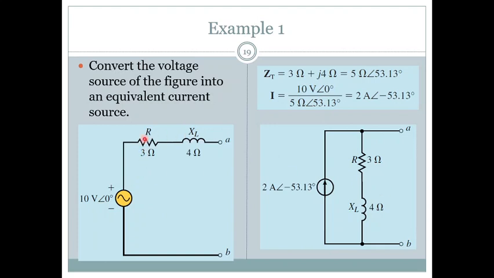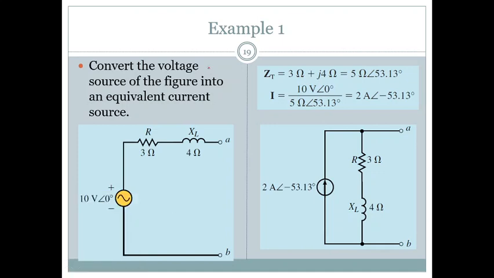Now the conversion from a voltage source to a current source. The impedance goes as it is, as we already know, and the current is given in here. Now in this case, of course, you can simply use whatever exists.